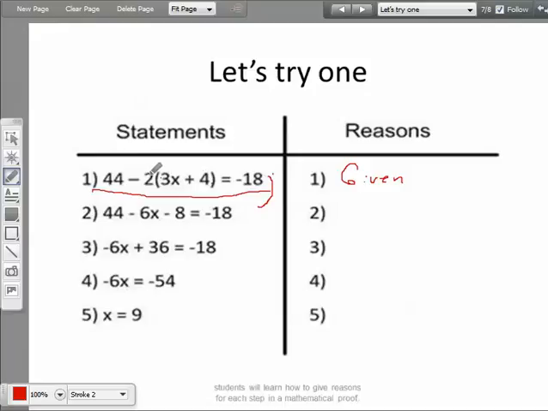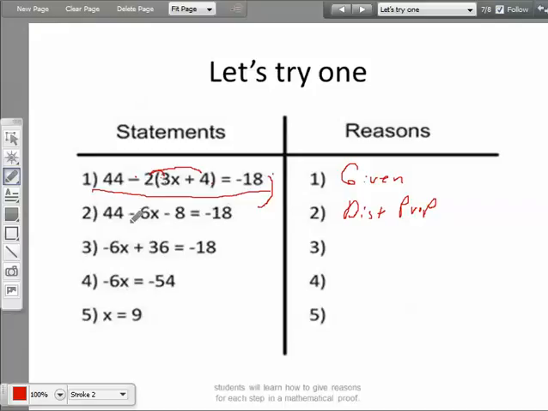So they must have taken the 2 times the 3 to give me 6x, and 2 times the 4 to give me this 8. But it was this minus 2 times 3 gave me minus 2 times 4 gave me the minus 8. So what are they doing there? They're doing the distributive property, DIST property. That was simple. Okay? That one seemed pretty easy, didn't it?